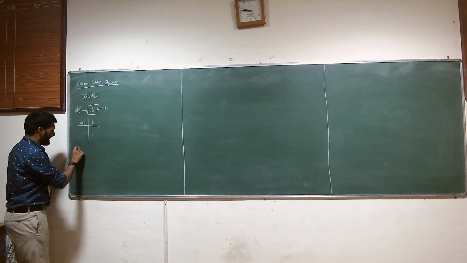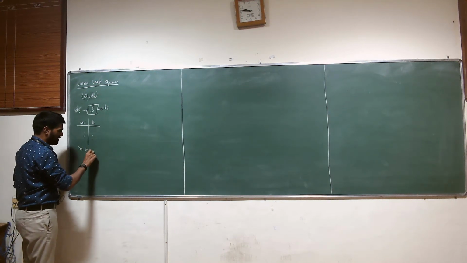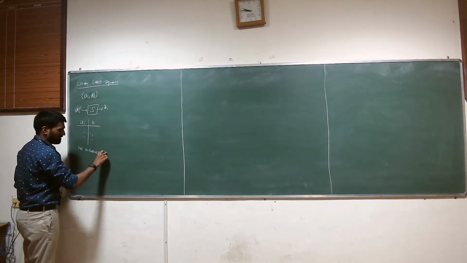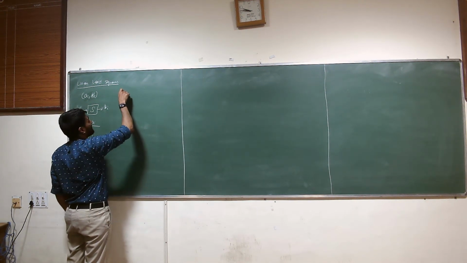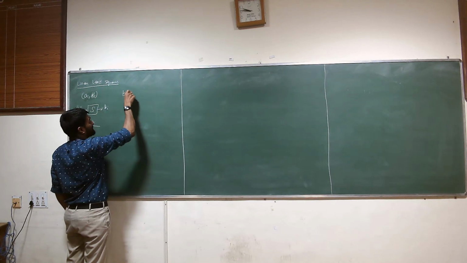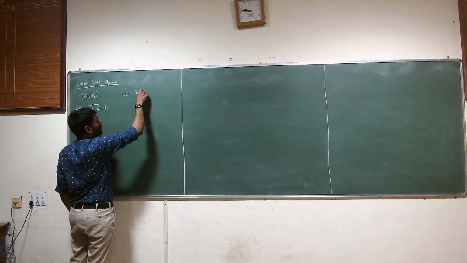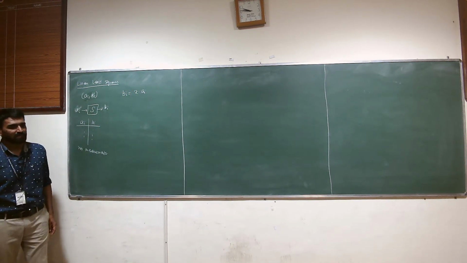We have some, let's say, M measurements, and we are interested in fitting a linear model, right? So where vi will say is equal to x into ai, but x is our parameter.